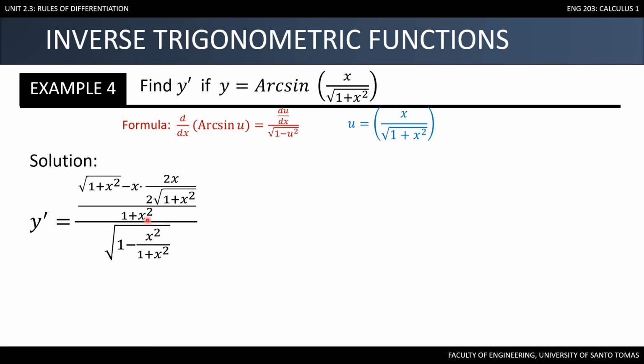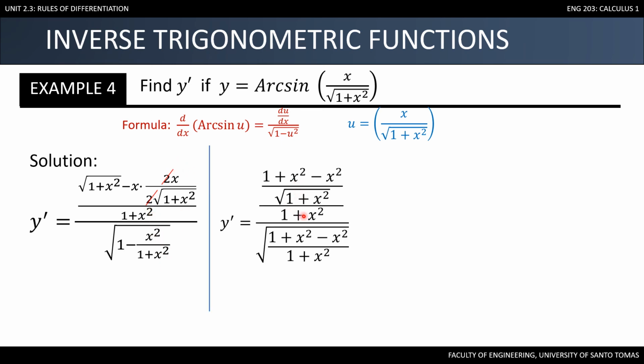For the numerator, that is square root of 1 plus x squared times d over dx of x, which is simply 1, minus x times d over dx of the denominator, which is 2x over 2 square root of 1 plus x squared. And then for our denominator part here, square root of 1 minus u squared, since our u is x over square root of 1 plus x squared. We will cancel out 2, and we will be having this part in simplifying the numerator.